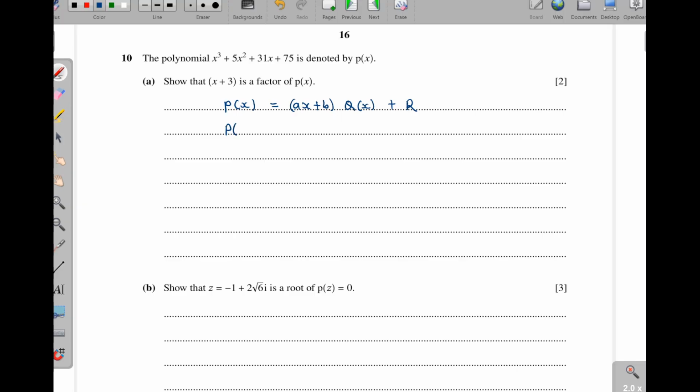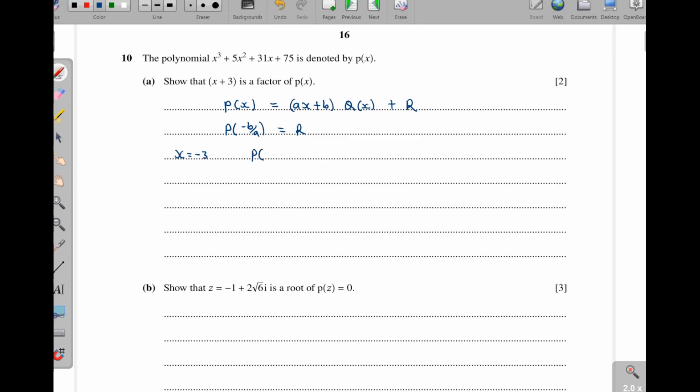If we get p of negative b over a, suppose I equate this one to 0 and get a value of x and put it in the polynomial, already this one has disappeared because it is now a 0. Then you will get the remainder. So if it's a factor, then it has to give us a remainder of 0.